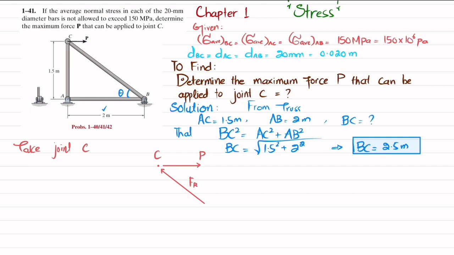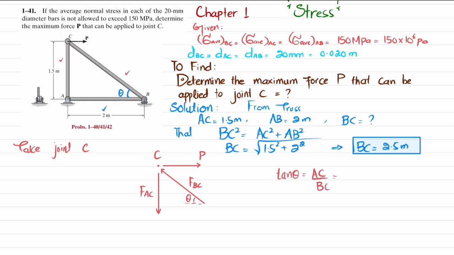Let this load be FBC, and at point C the load due to FAC or AC will be like this. Let this be FAC. Here this FBC will make an angle theta. So we'll find this theta, and we know that tangent of theta is equal to this perpendicular, which is AC, divided by this hypotenuse, which is BC. So I will write AC over BC.